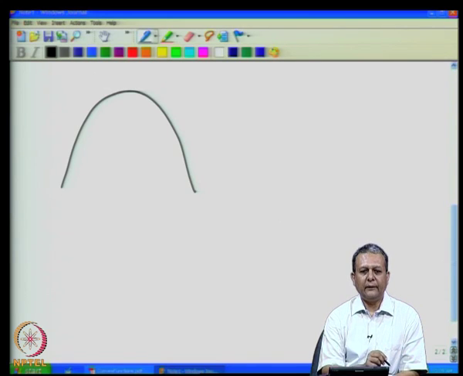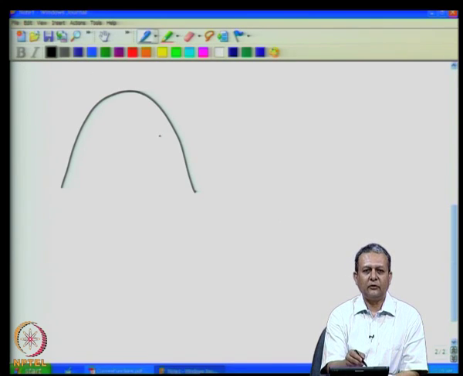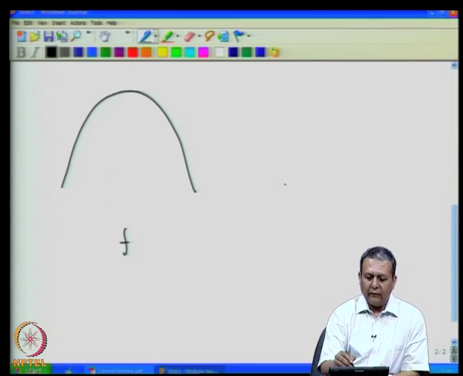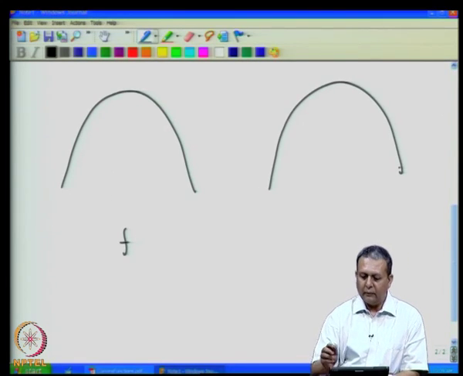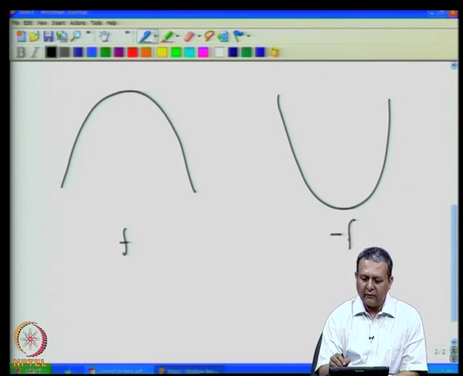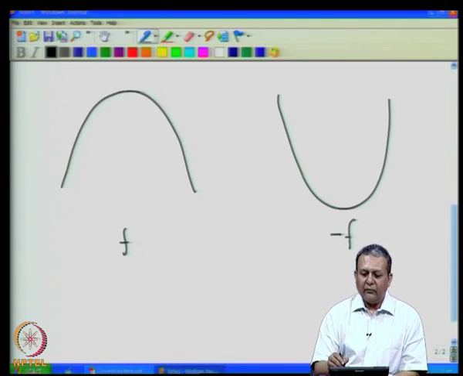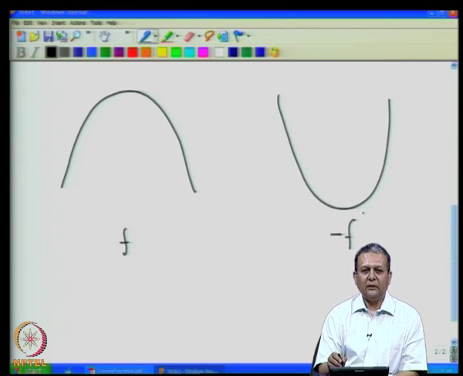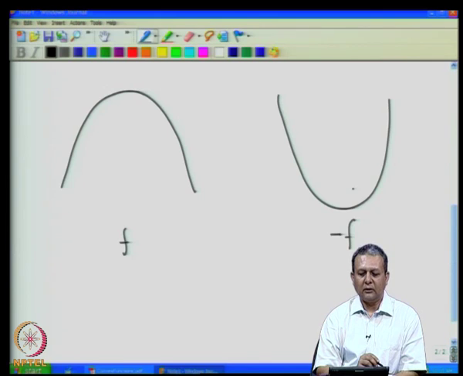Or in other words, if this is our function f of x, and we take the negative of this function, which is minus f, then minus f is a convex function. So, f is said to be concave if minus f is convex.